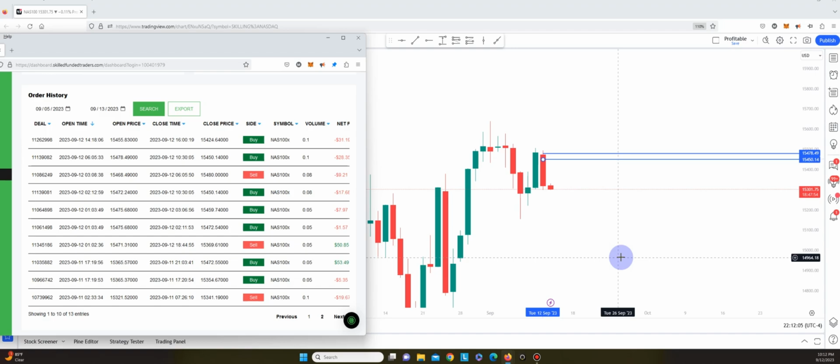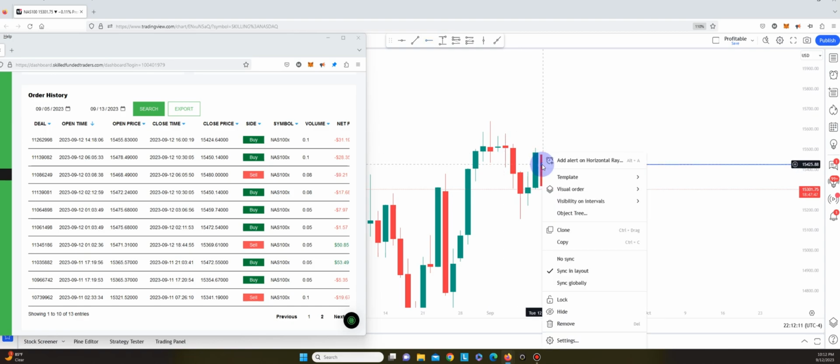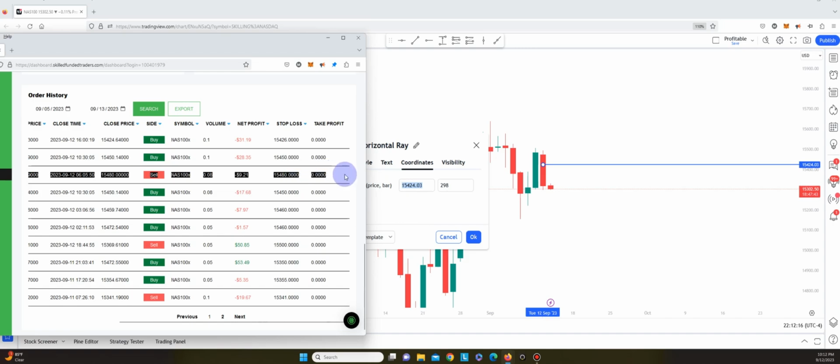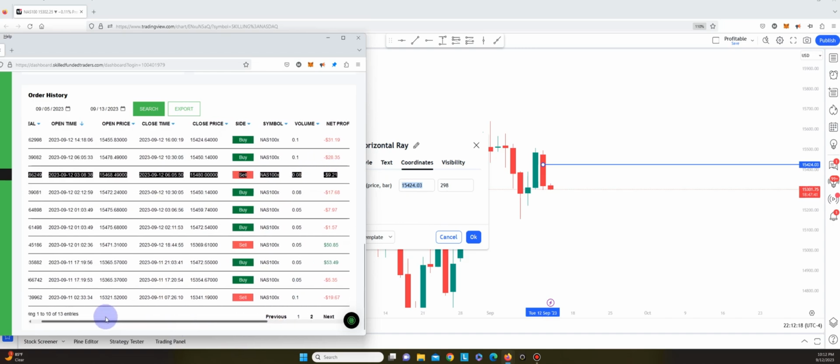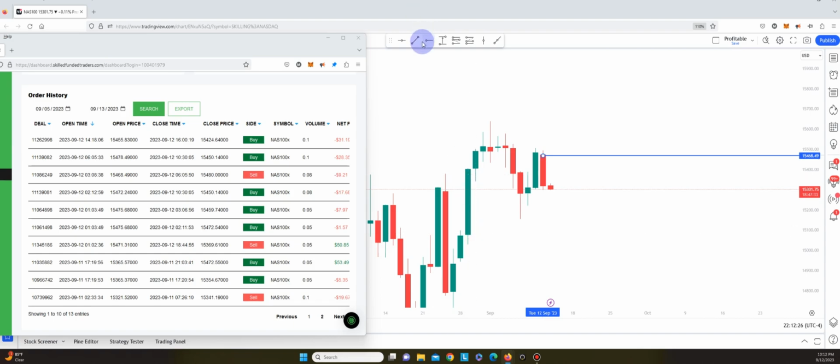So this one I entered to the sell side. Let me actually clear these so you're not confused. So I entered to the sell side here, and we're focusing on this one. I entered the sell side at 15468.49, and then I got stopped out where it had to be a part of this wick.